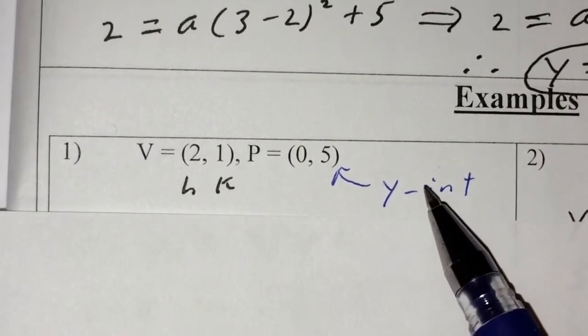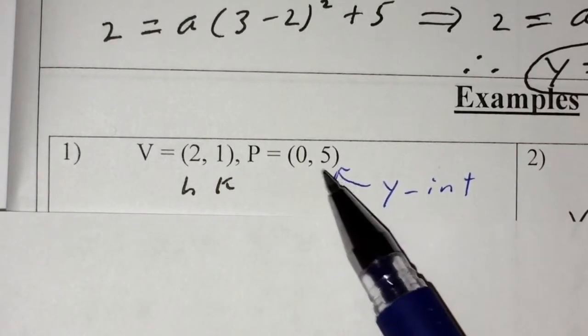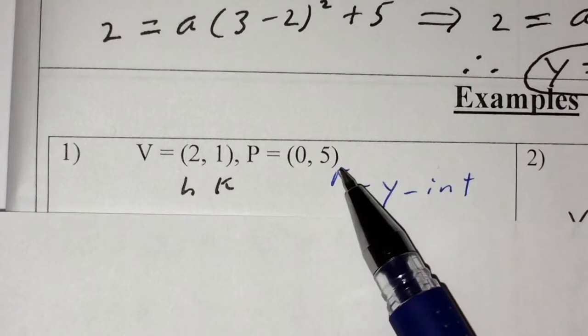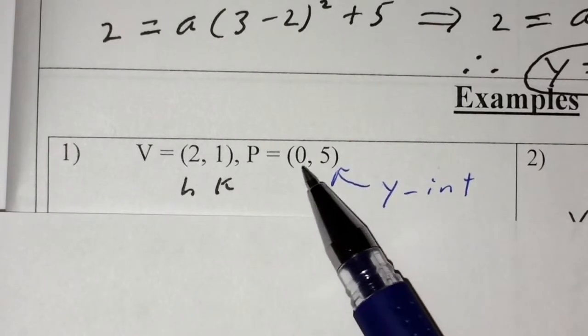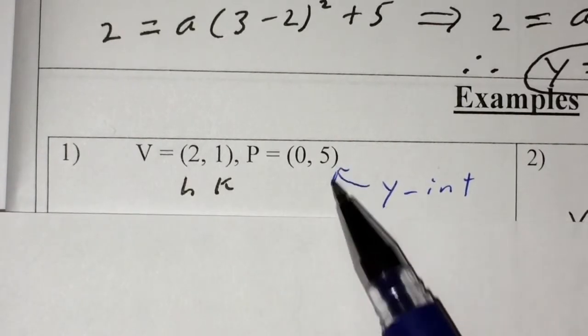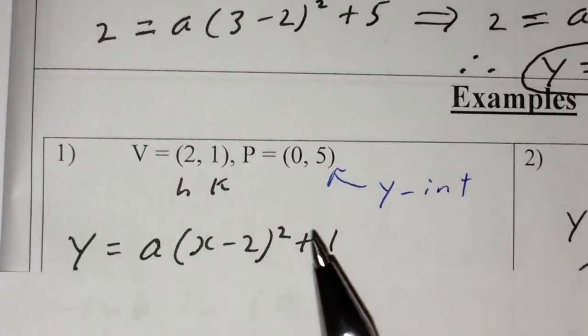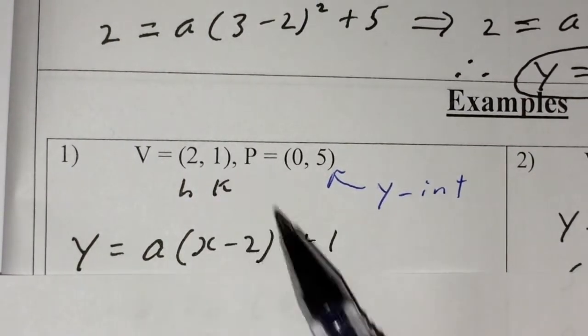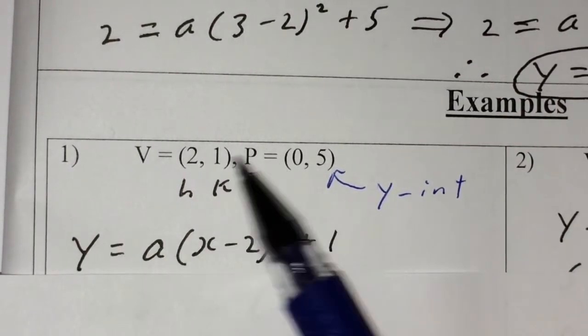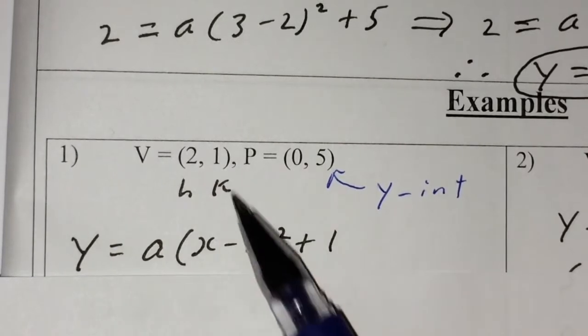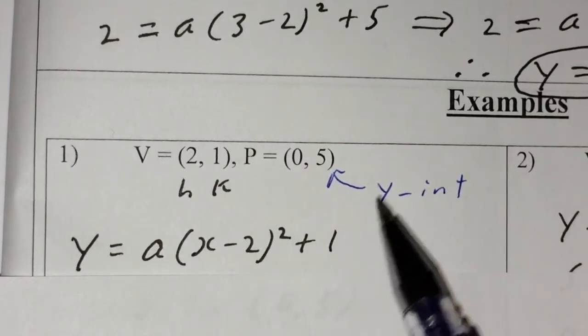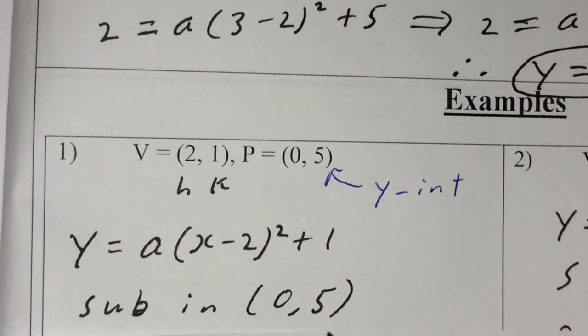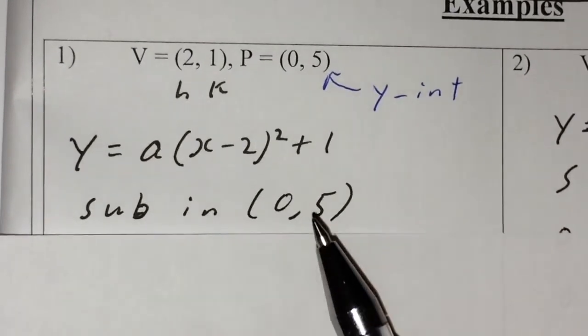I could have said just the y-intercept is 5, and you know that another point is (0, 5). So you sub in the h and the k, 2 in for h, 1 in for k, and then you sub in the point (0, 5).